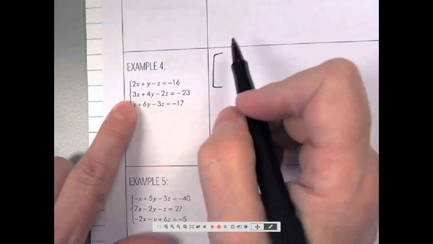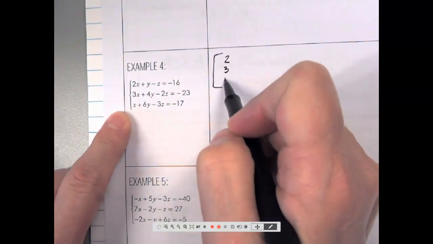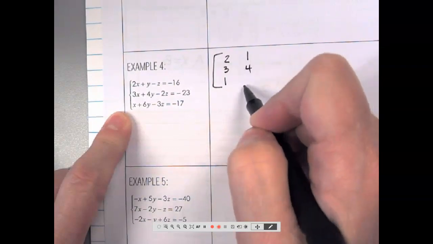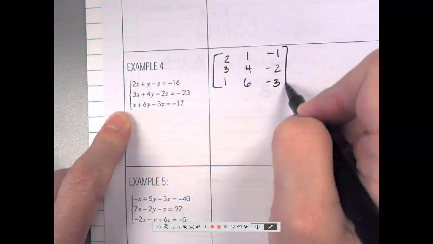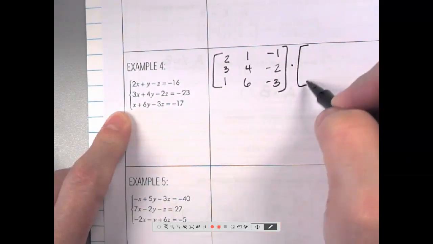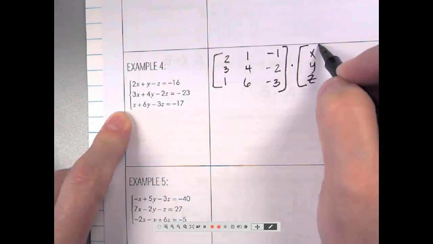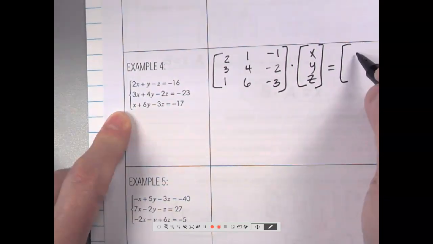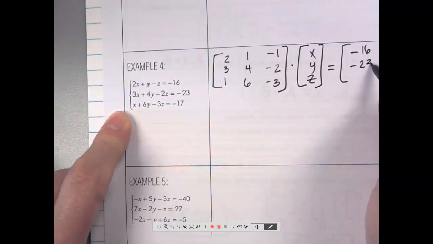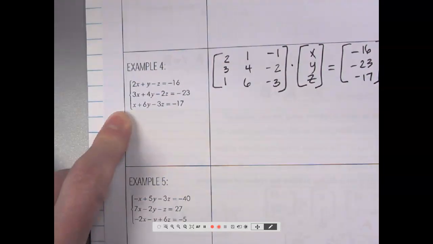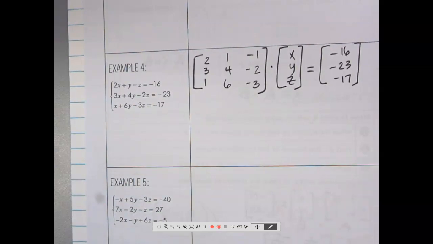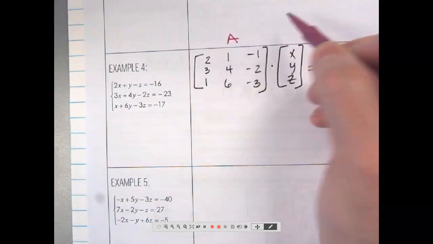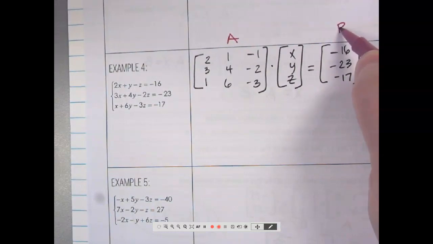The equation will be all the coefficients times all the variables equals all the constants. Okay, so if I call this A times the variables equals B.